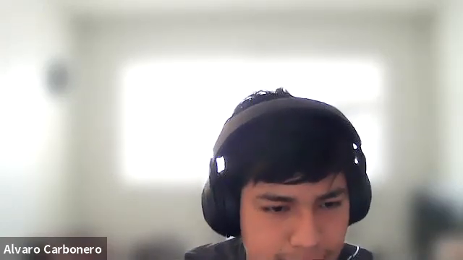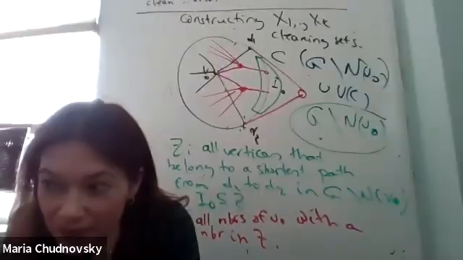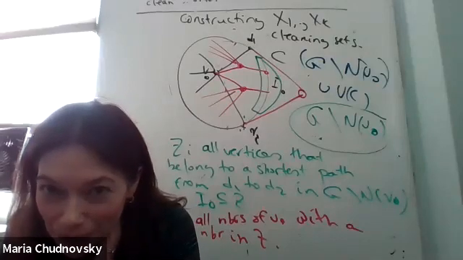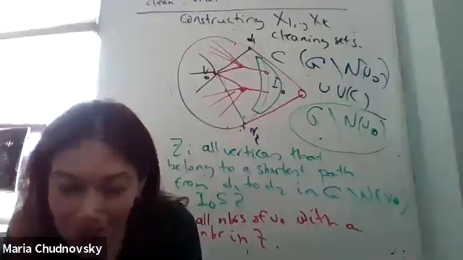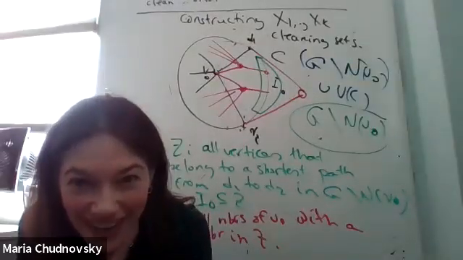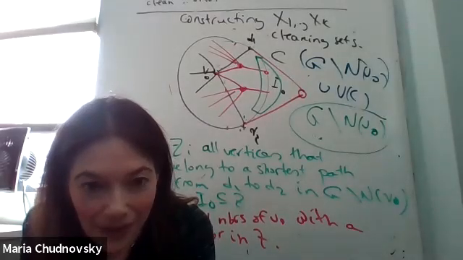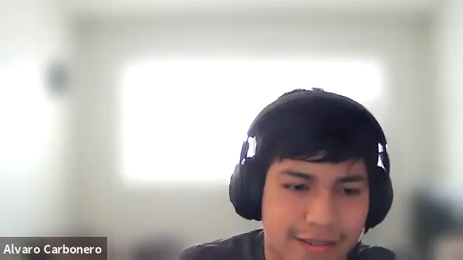And since there are n to the 7 of these subgraphs, would it take n to the 7 time to calculate them, or I'm guessing maybe it takes more. Well, it's n to the 7 subsets, but then you need to do something to them. And that's why you need n to the 9. And again, there's some work that brings it down to n to the 8.5. Okay, thank you. Yeah, that's helpful.